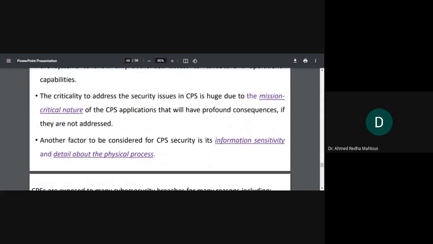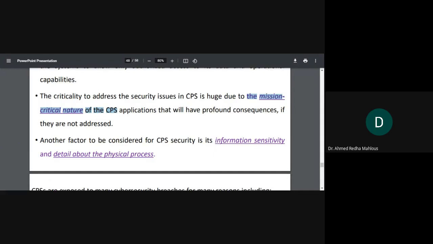The other challenge is criticality, the mission critical nature of CPS. In the same way, we can pick a power grid, or controlling a barrage, or any other type of critical infrastructure.